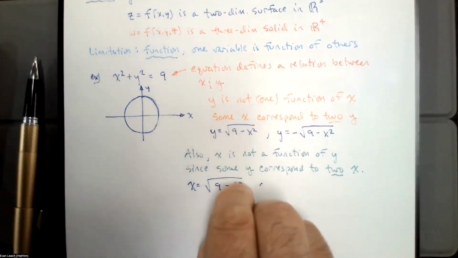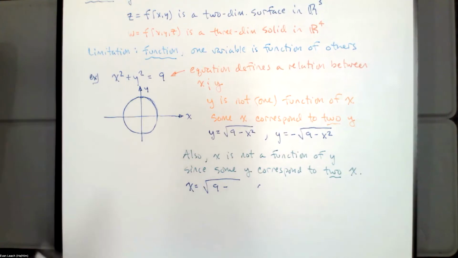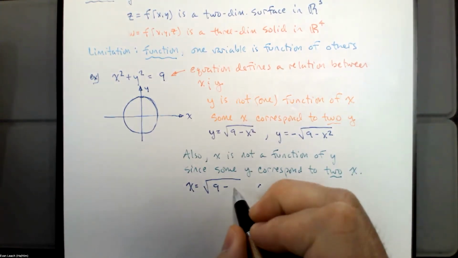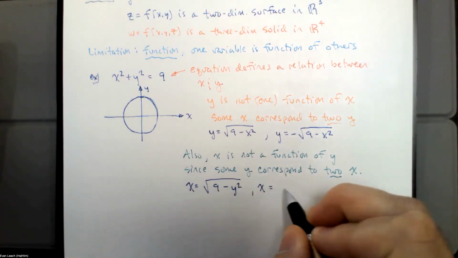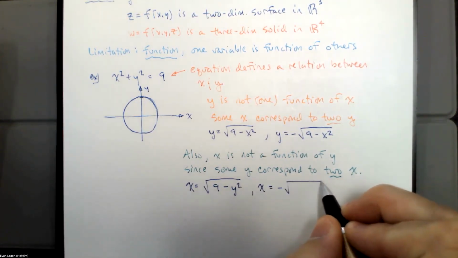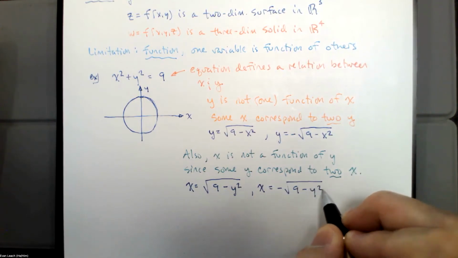Minor John Malkovich moment here. x is equal to the square root of 9 minus y squared, or we can write x equals minus the square root of 9 minus y squared.